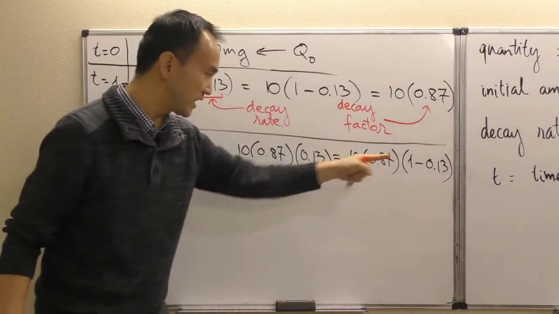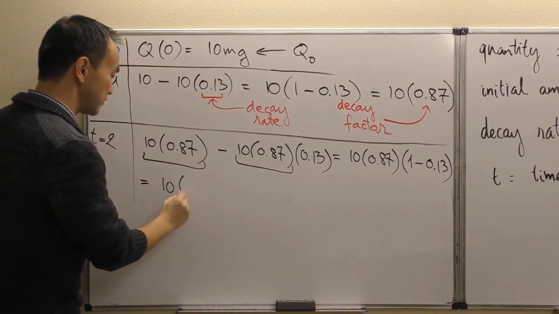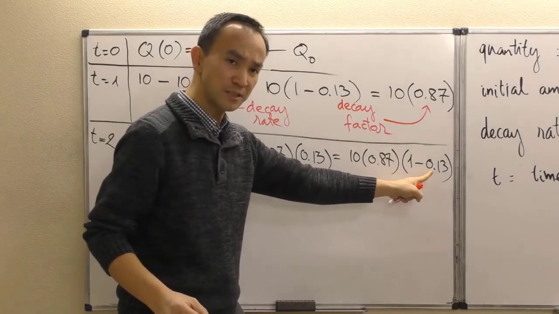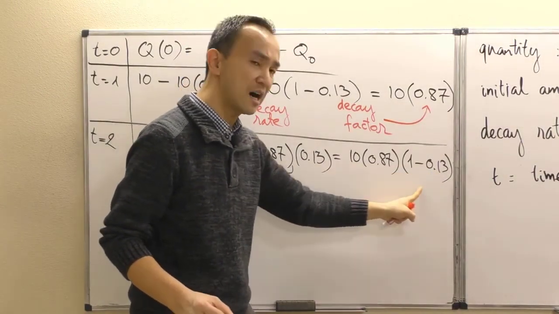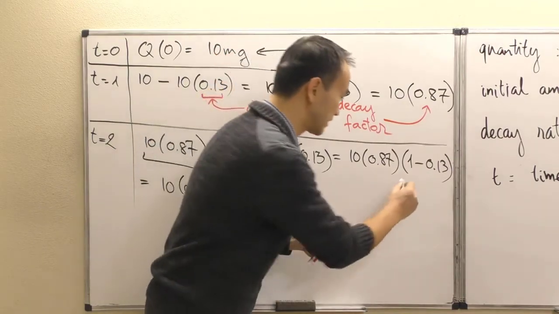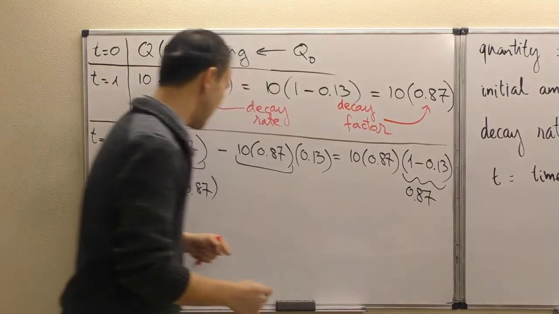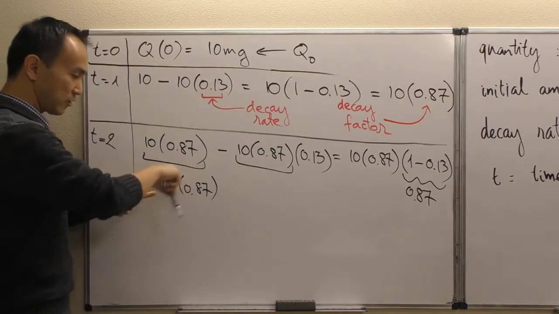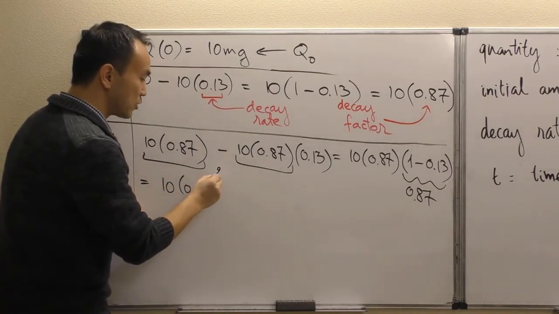And so now doing that, it gives me, in one more step, 10 times 0.87. But wait a minute, 1 minus 0.13 is another 0.87. So 0.87 times another 0.87 right here. That's why in the final expression I'm looking at 10 times 0.87 squared.